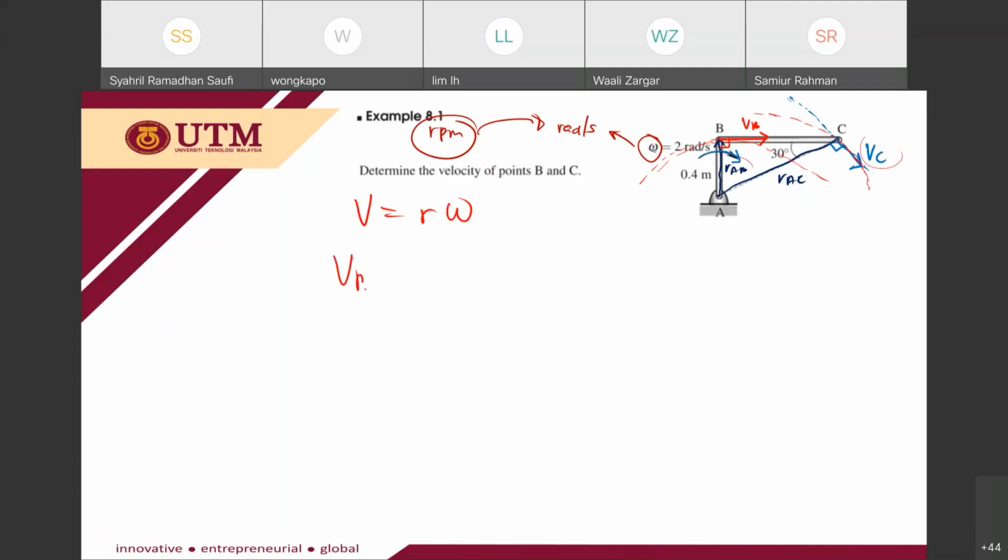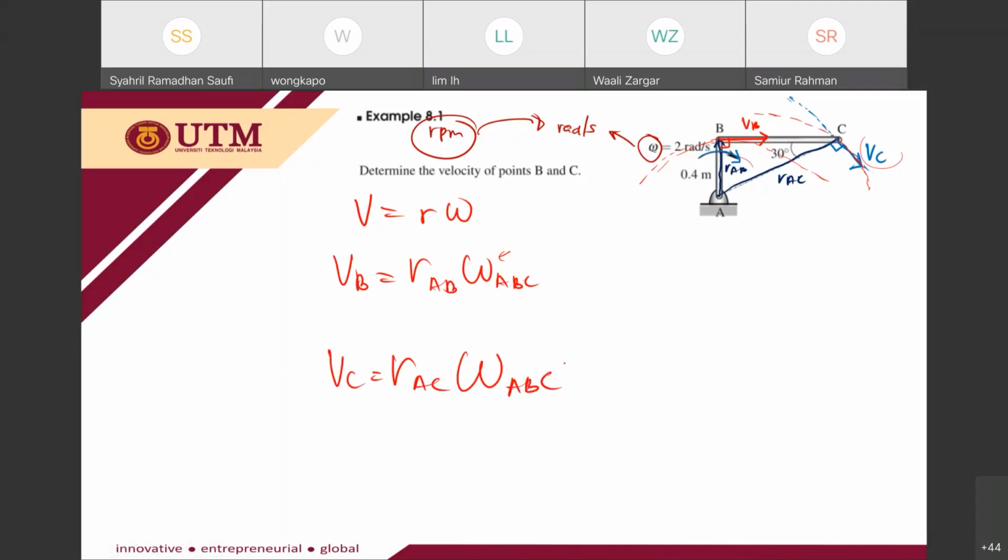So VB is equal to RAB times omega ABC. Why do I put ABC? This omega represents the whole rigid body; each point on this rigid body will have the same omega. So VC is equal to RAC times omega ABC.